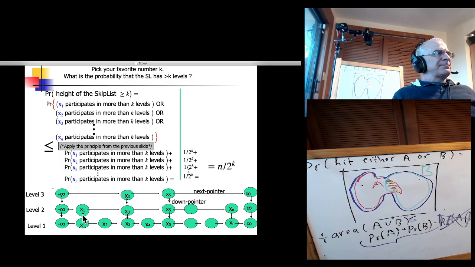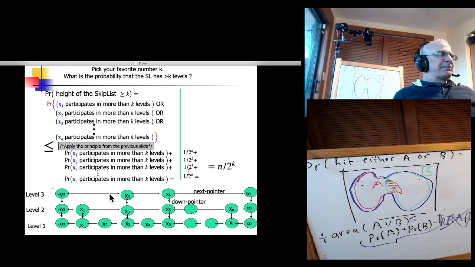And the only way that my skip list has more than 17 levels is because x1 wants to participate in more than 17, or x2 wants to participate in more than 17, or x3 or x4, or somebody needs to participate in it. And notice, it's not exclusive or, it's not XOR.